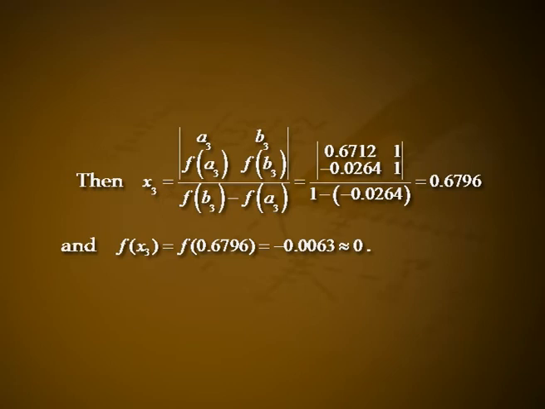Then x3 = determinant of (a3, b3; f(a3), f(b3)) divided by f(b3) - f(a3), that is equal to determinant of (0.6712, 1; -0.0264, 1) divided by 1 - (-0.0264), that is equal to 0.6796, and f(x3) = f(0.6796), that is equal to -0.0063, which is approximately 0.